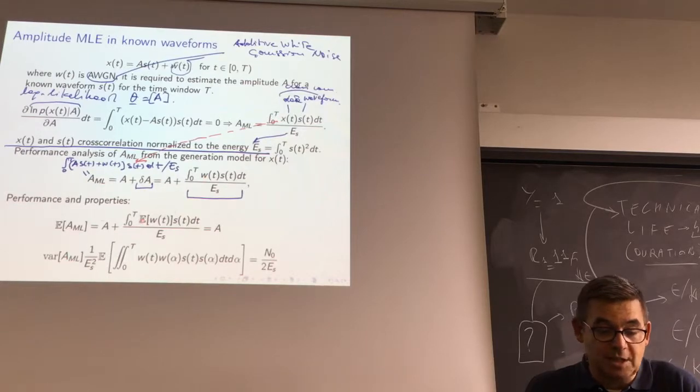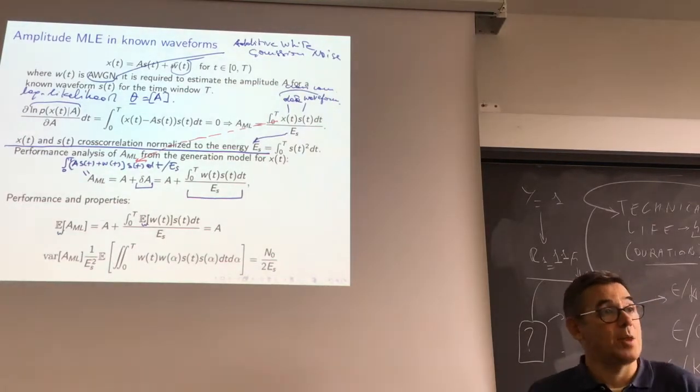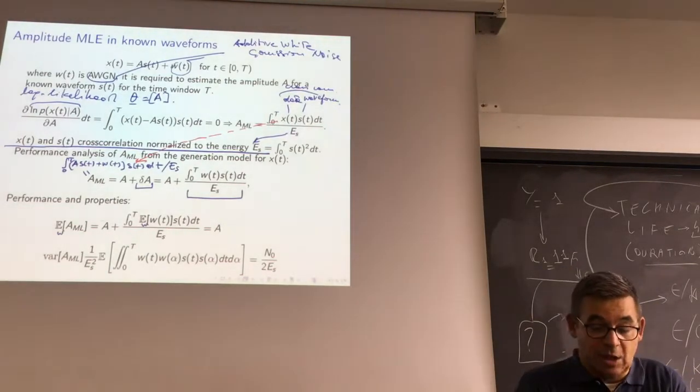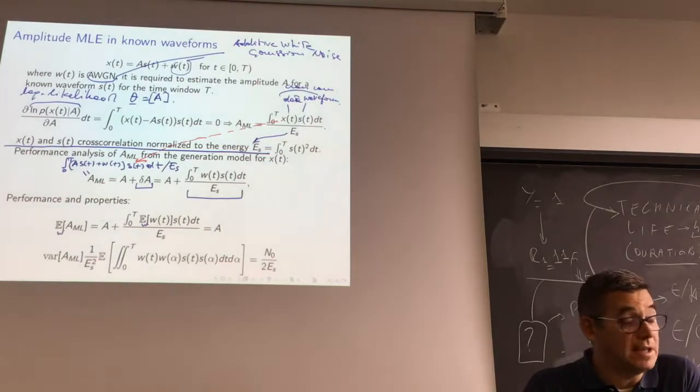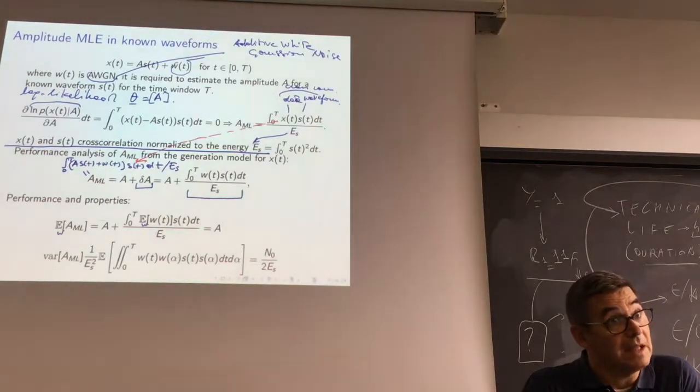Now, since the noise is zero mean, the estimated value coincides with the true one in the mean, and then the estimator is unbiased.